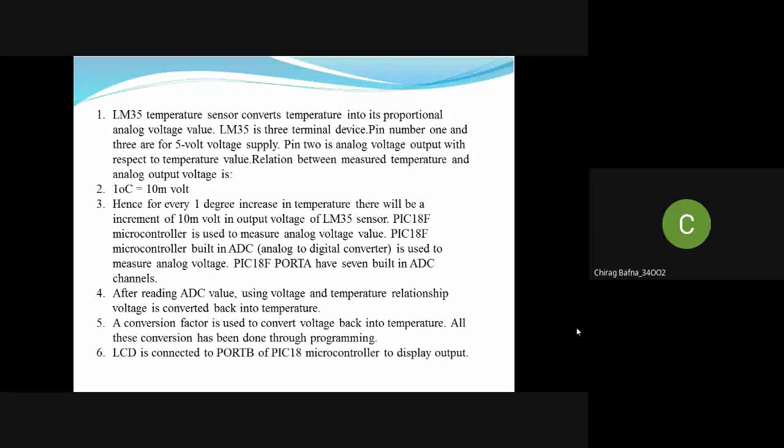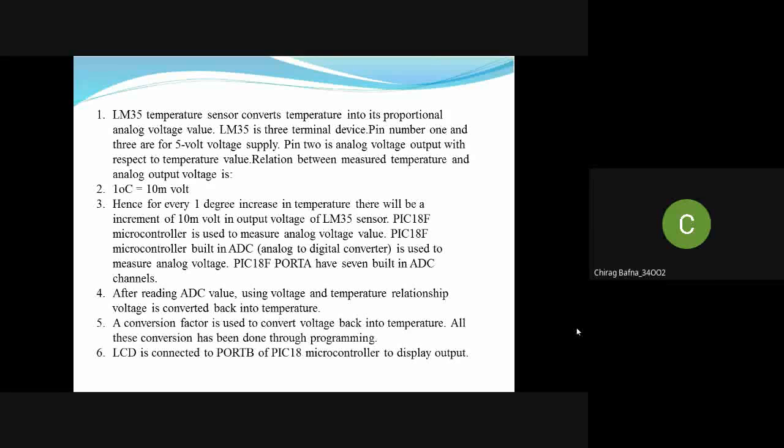Hence, for every 1 degree increase in temperature, there will be an increment of 10 millivolts in the output voltage of this sensor. The PIC18F microcontroller's built-in ADC is used to measure the analog voltage. It has 7 built-in ADC channels.